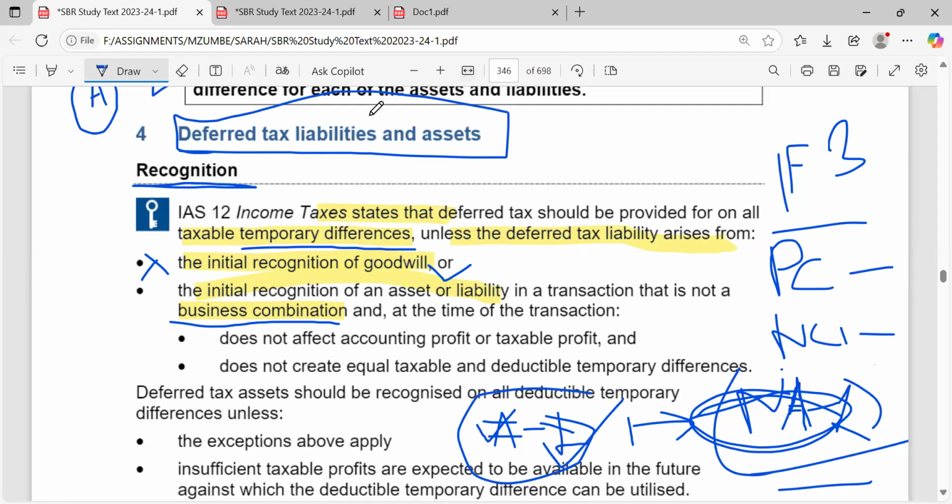But in case those assets or liabilities are not part of a business combination, and at the time of their transaction they do not affect any accounting profit or taxable profit, if they have no effect, of course, they won't be there. So it won't matter. And it does not create equal taxable and deductible temporary differences.